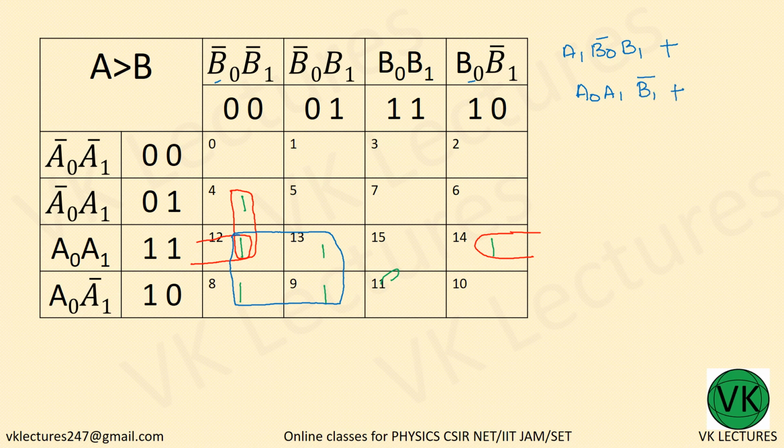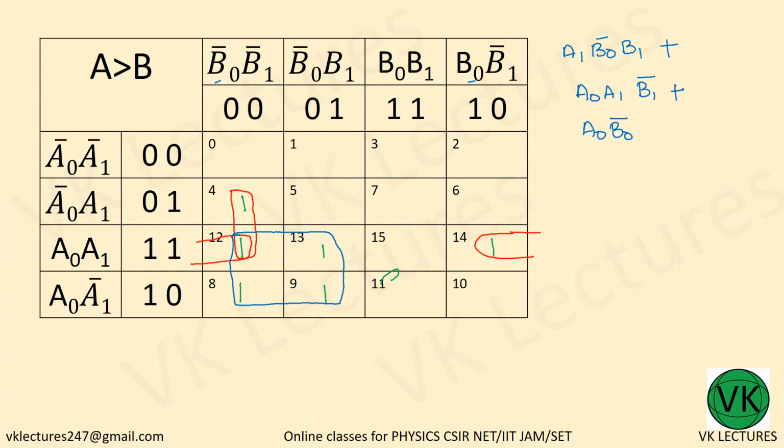Plus, now let us take the quad, a0 will remain here, and in this b0 bar will remain, the common will remain.